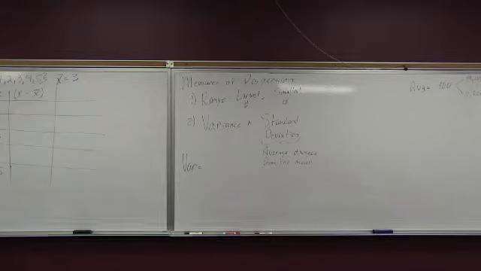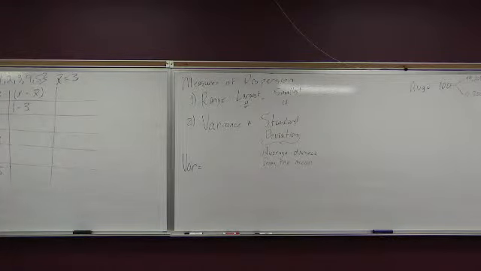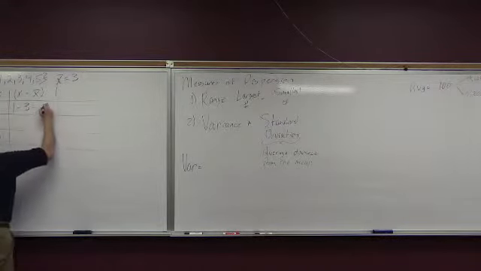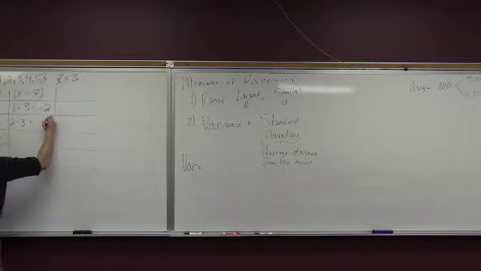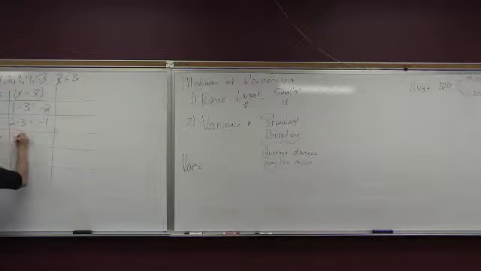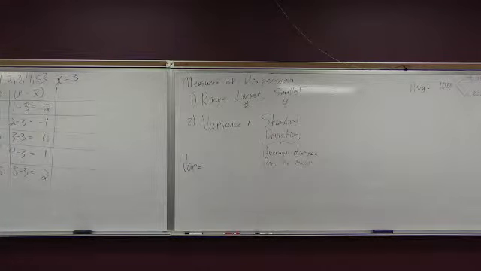Take your number 1 and subtract the mean. 1 minus 3, negative 2. 2 minus 3, negative 1. 3 minus 3, 0. 4 minus 3, 1. 5 minus 3, 2.